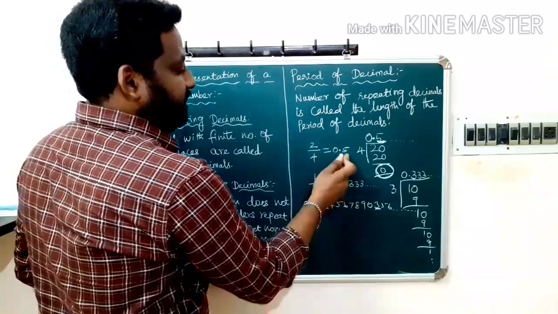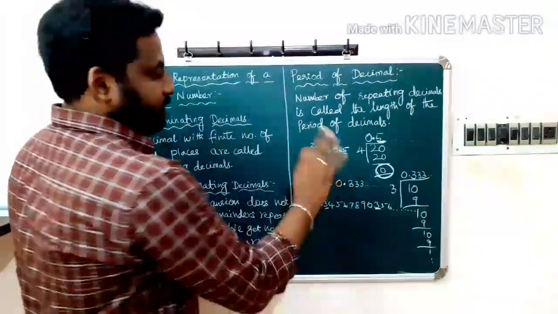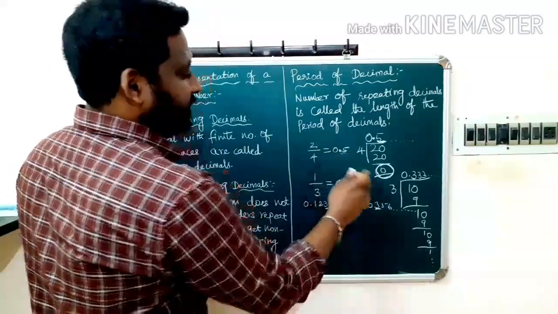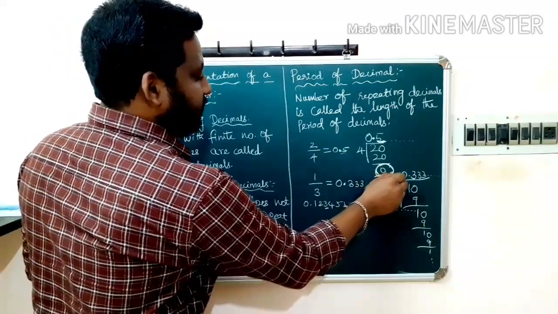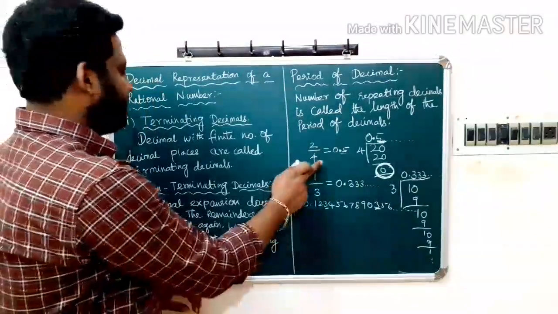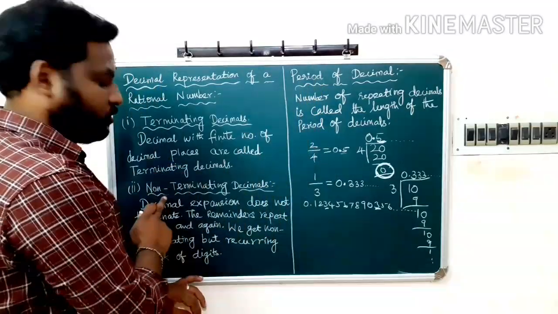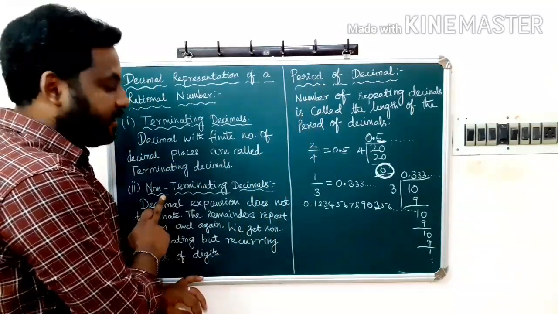Here the period of decimal is, after the decimal, how many places are there? Only one place. And also, for this rational number, the remainder ends up with 0 here. So that is the terminating decimal. The period of decimal comes only in non-terminating decimals.